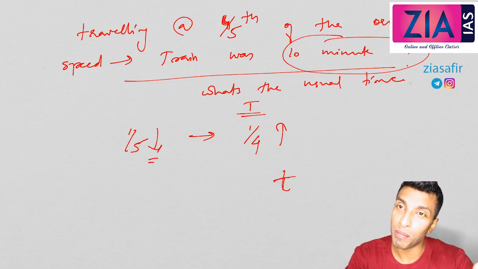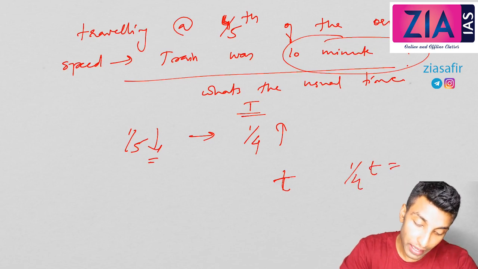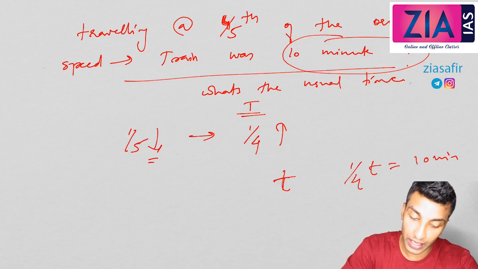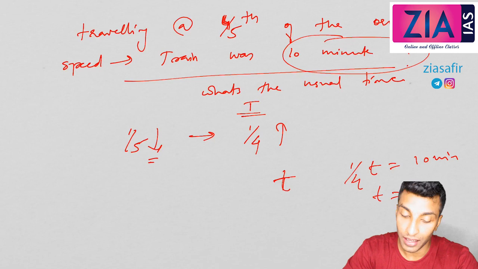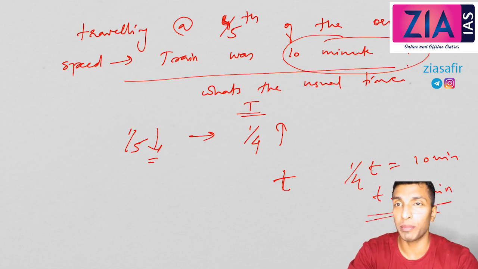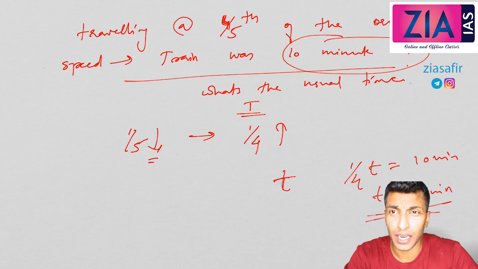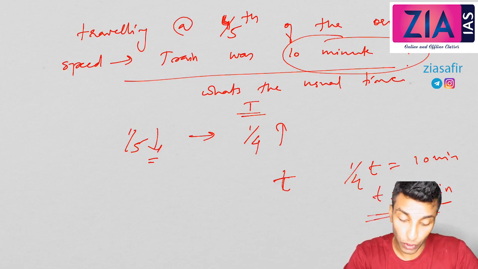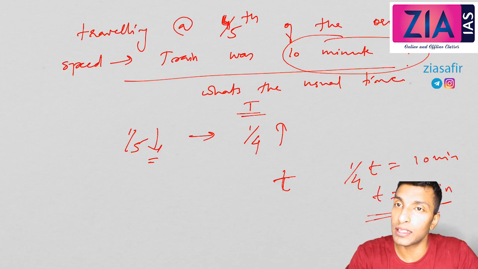So 1 by 4th of the time is 10 minutes, and you can find the time as 40 minutes. So the answer is 40 minutes. You use nothing apart from this logic.